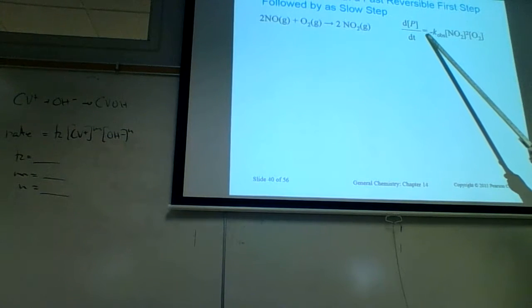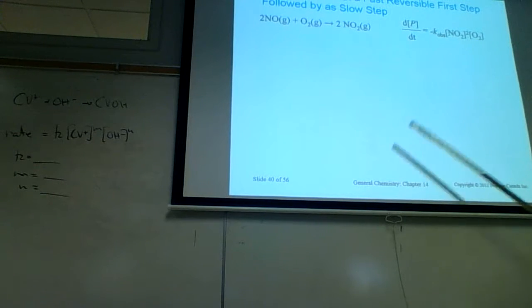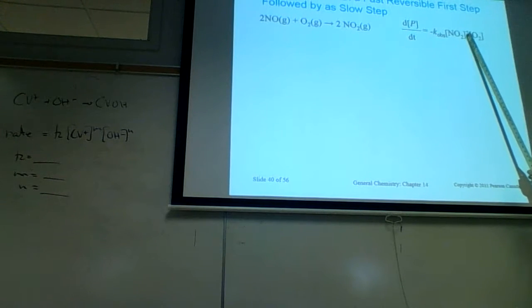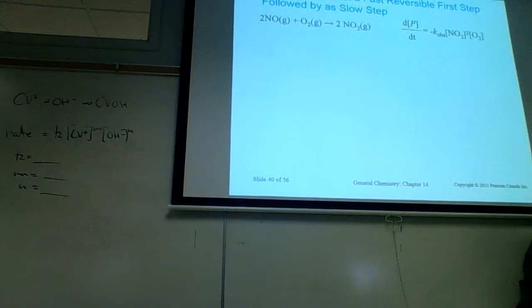This is equal to k[NO]^2[O2]. So it looks like we need 2 molecules of NO and 1 molecule of O2. We could have it, but we would have to have a single 3-molecule collision. And is a single 3-molecule collision very probable? No, it's highly improbable.